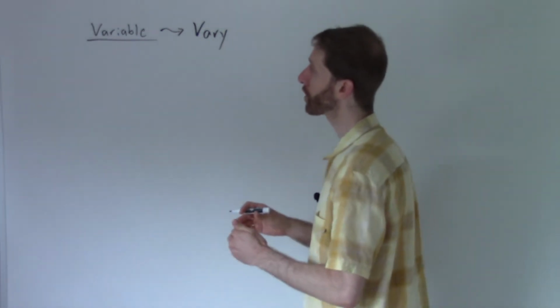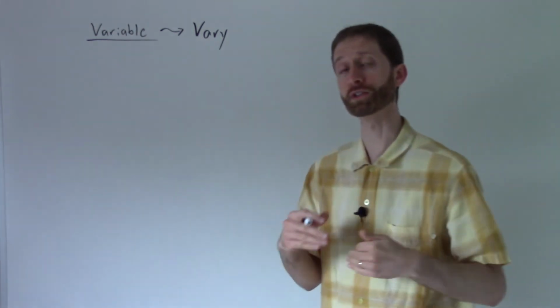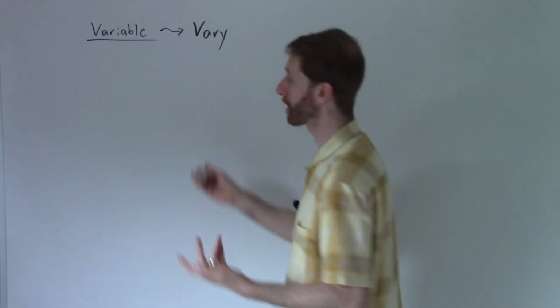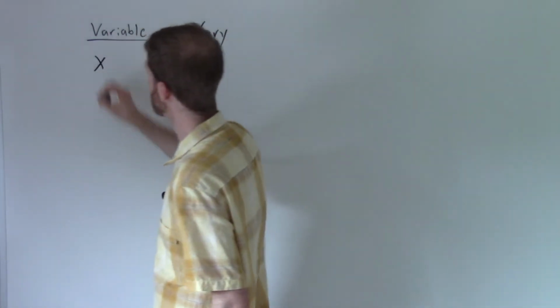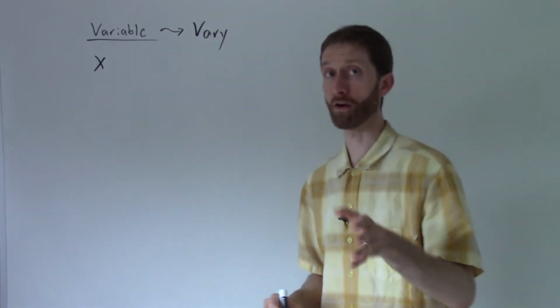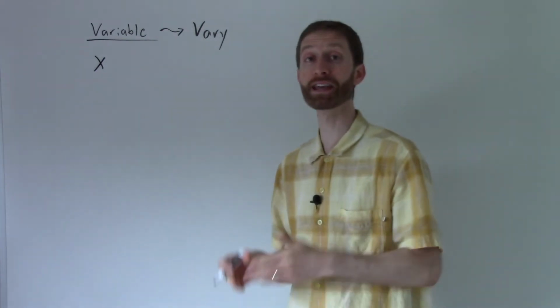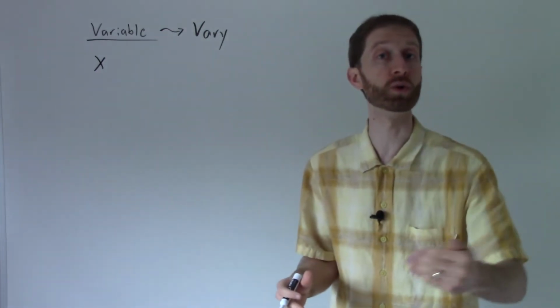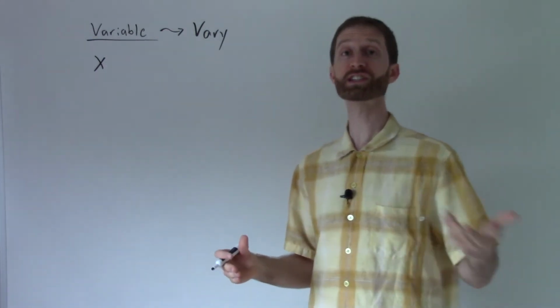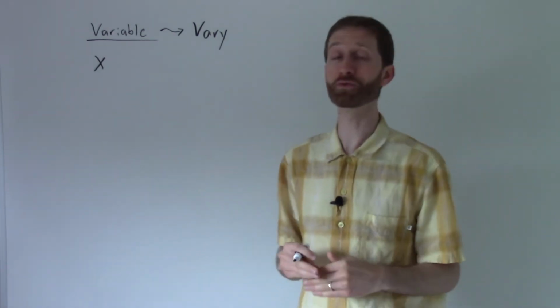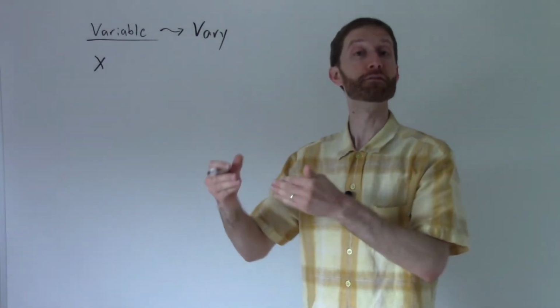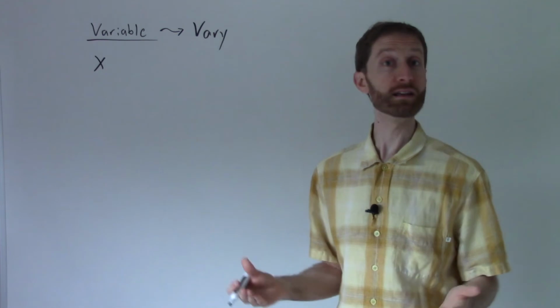So the reason why we use the word variable to describe a letter in math, a letter like x, is because that letter can change its value. It might represent the number 2, or the number 4, or 6/7, or 2.725. It is variable.